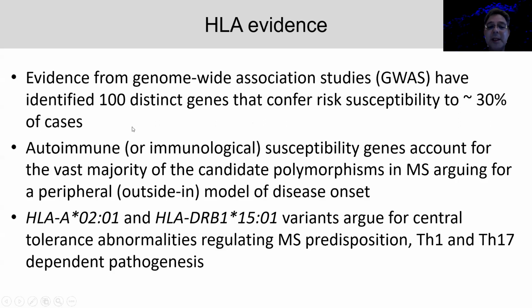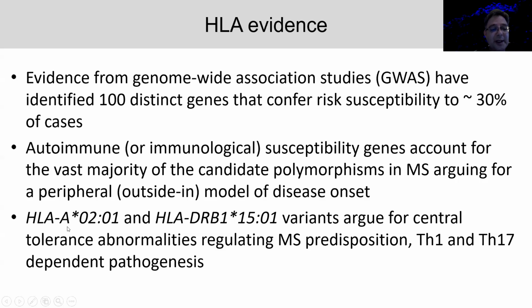So autoimmunity or immunological dysregulation susceptibility genes account for the vast majority of the candidate polymorphisms. So it's single nucleotide polymorphisms that occur on the HLA alleles. And argue quite clearly for this peripheral outside-in model of disease onset. That is the immune system infiltrating into the central nervous system because it has been dysregulated and then propagating the inflammatory demyelination.